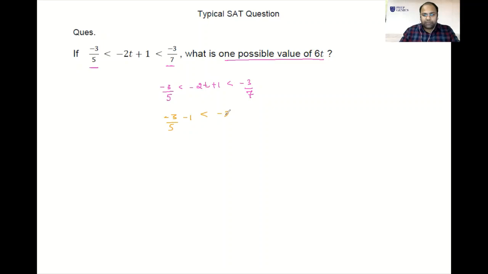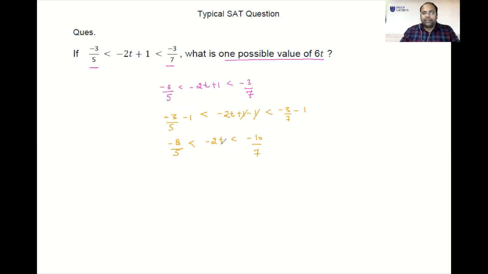So this becomes -2t + 1 - 1, and this would be -3/7 - 1. So -1 and +1 cancel out, and we get here -8/5, which is less than -2t, which is less than -3 - 7, that is -10/7.